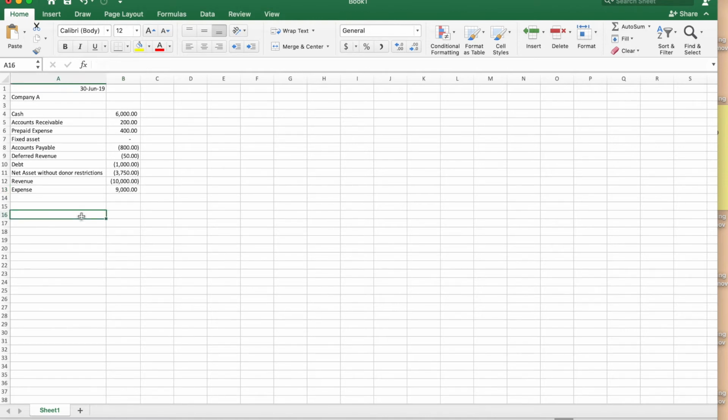So now we are going to make up random fake transactions and then come up with the fiscal year 2020 trial balance.